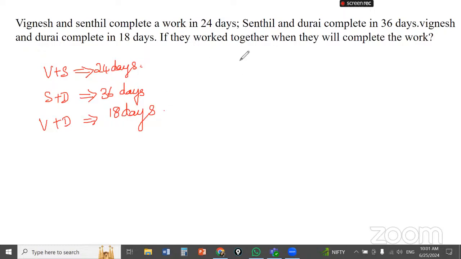That is, we are supposed to find V plus S plus D. In how many days will they complete it? So 1 day work for Vignesh and Sendil will be 1 upon 24. 1 day work for Sendil and Durai will be 1 upon 36.